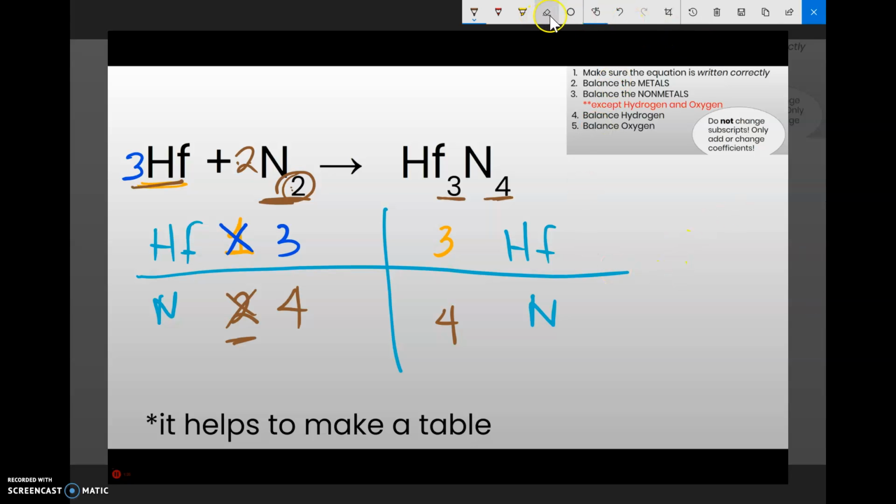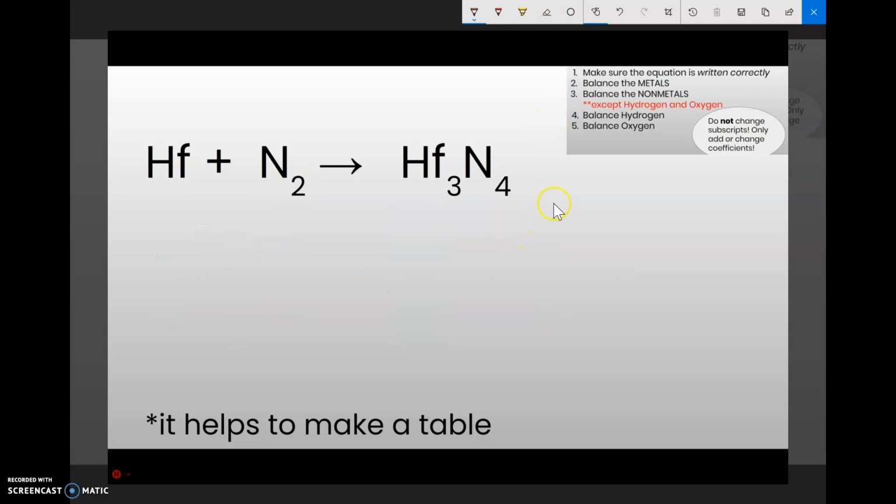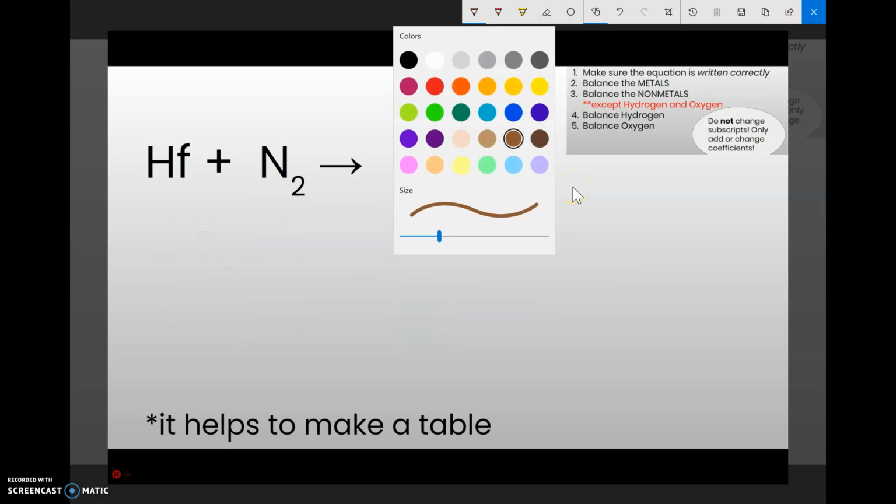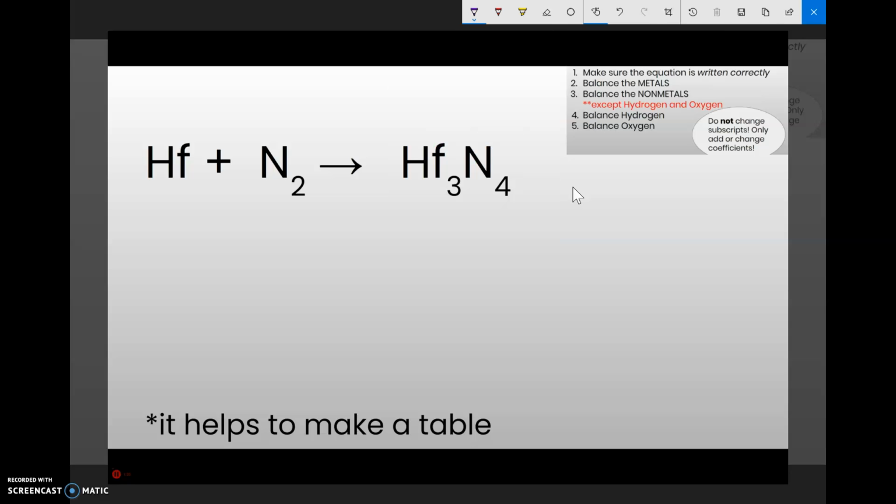Another way to look at this, and again, it's all up to what you are more comfortable doing, is not making a table. So for example, right here we have 1 HF on the reactant side, 3 here. So what we're going to do is just add a 3 here. Now we go to the nitrogen and we have 2 on the reactant side, 4 on the product side.